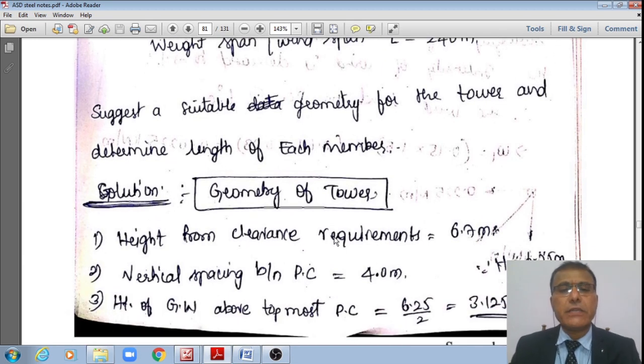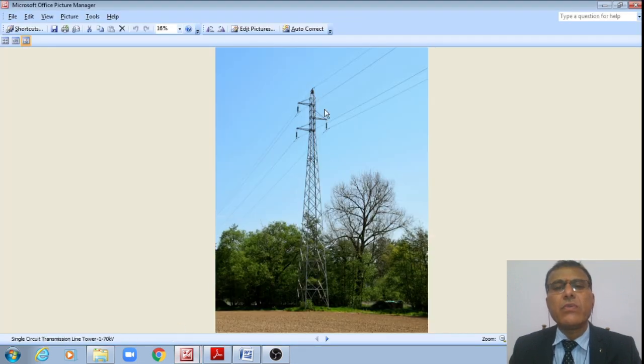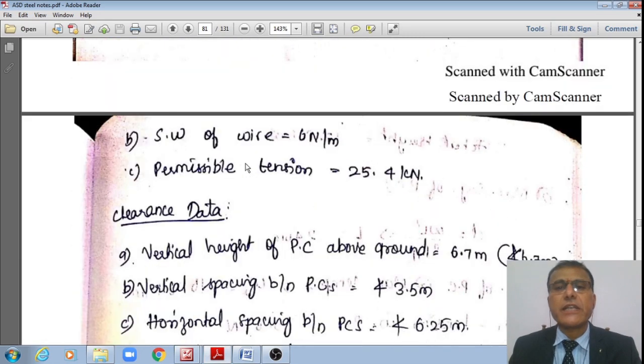Now let us see here. I'll show the photographs of this. This is how a transmission line tower of single phase looks.